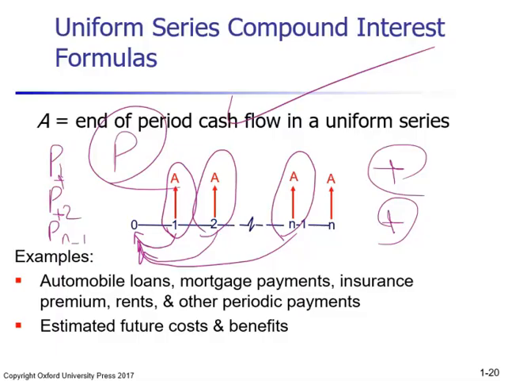Not only estimated future cost and benefit, it is also estimated present costs, because it's correct that you want to see how much is the value of this in future, and also you want to see how much is the value of this now. So you are able to do that comparison or analysis better.